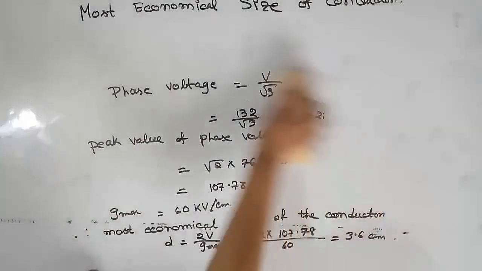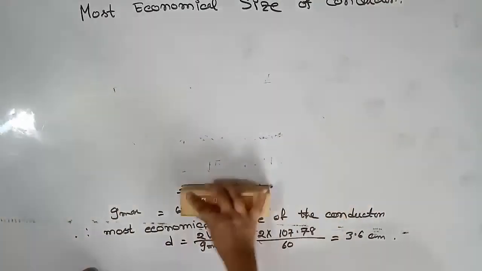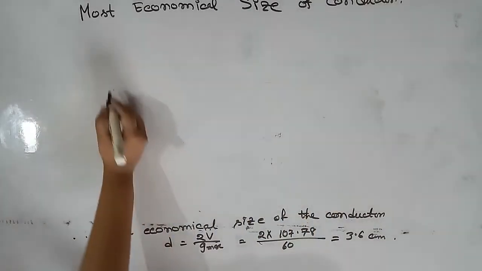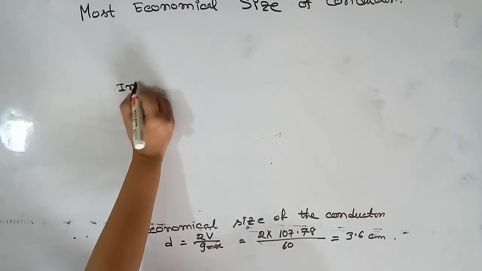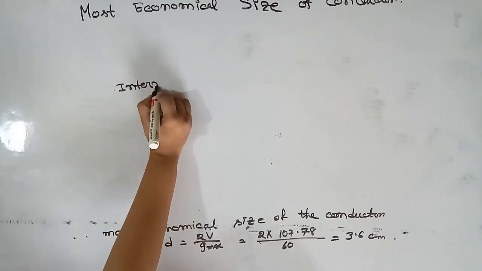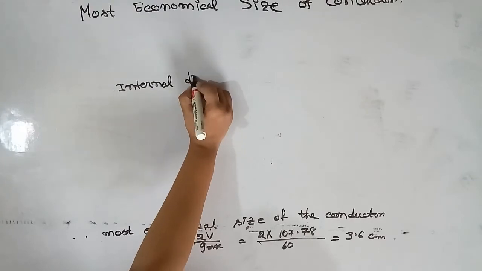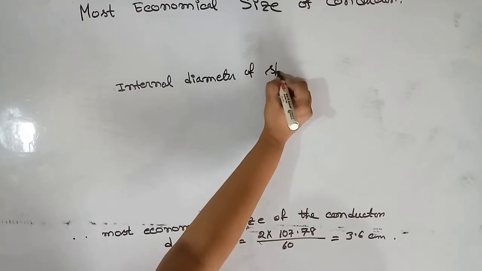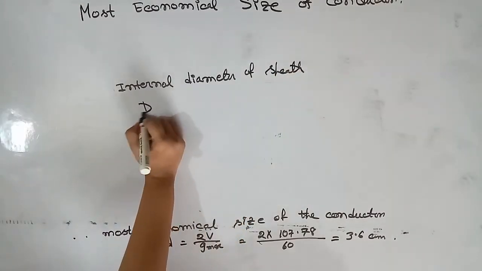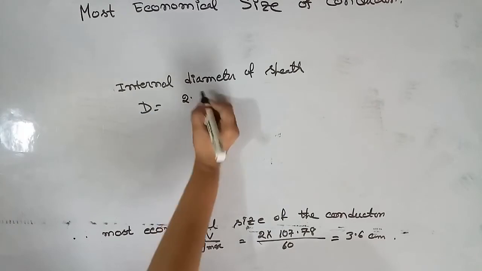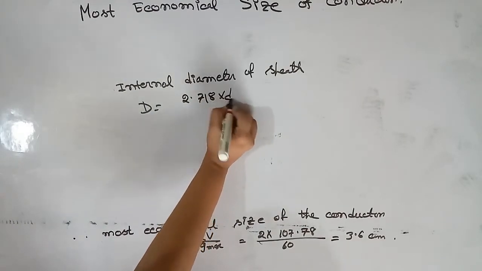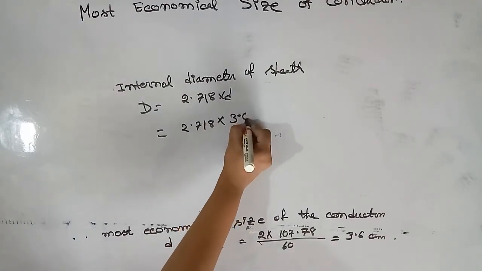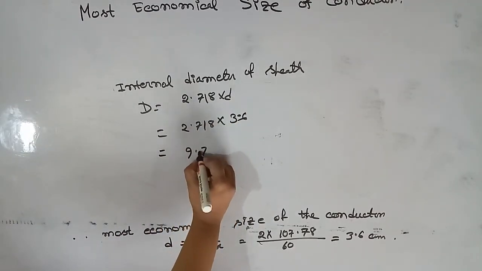Now internal diameter of sheath, that is capital D, is equals to 2.718 into small d, that is equals to 9.78 centimeter.